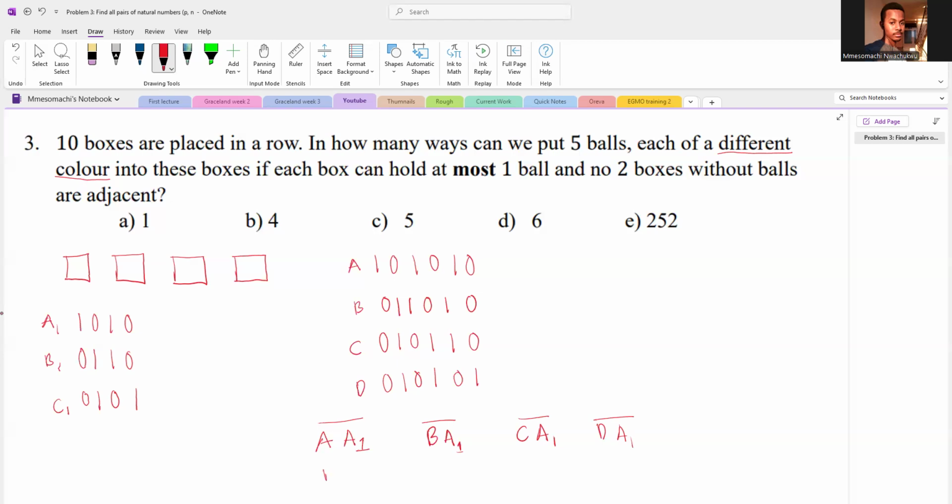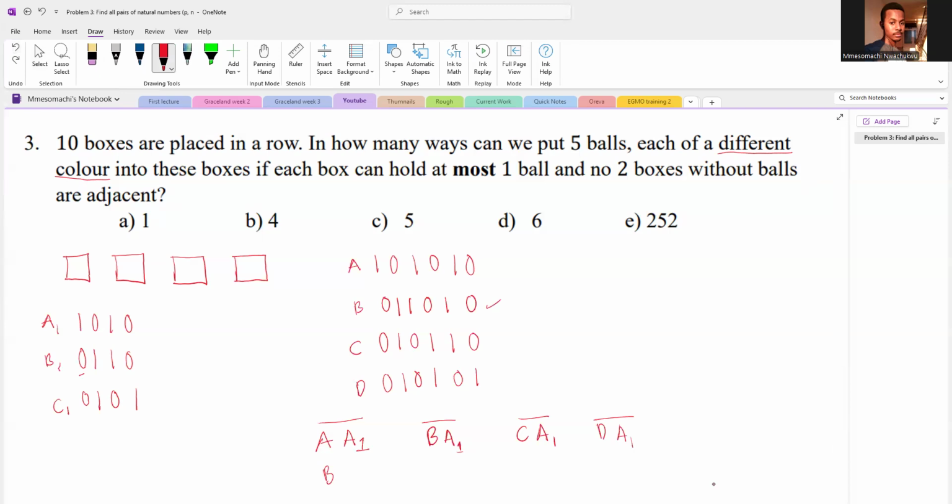Can we have BB1? No, because B ends with a 0 and B1 starts with a 0, so we would have a violation.